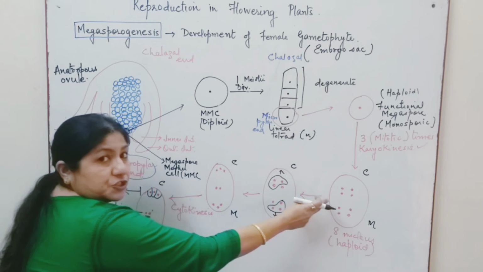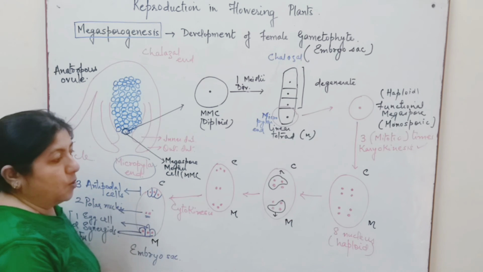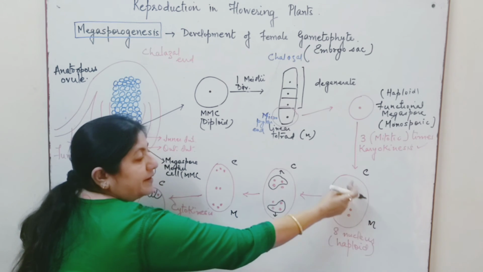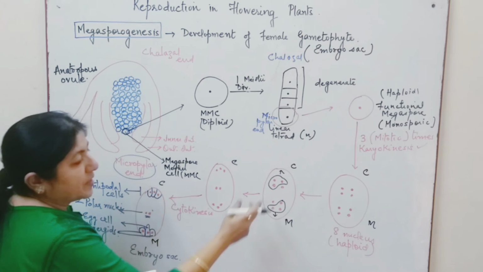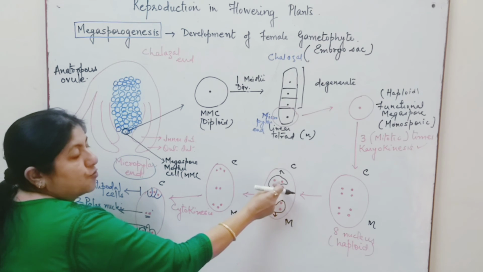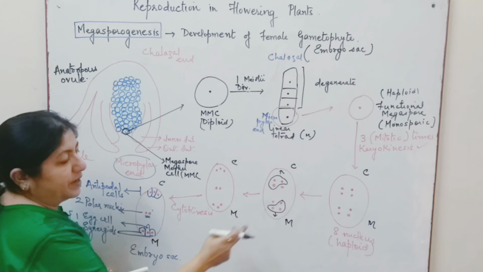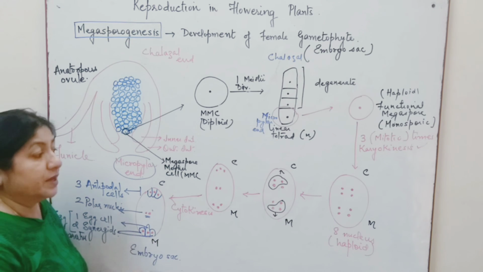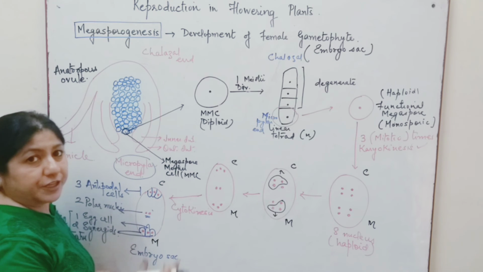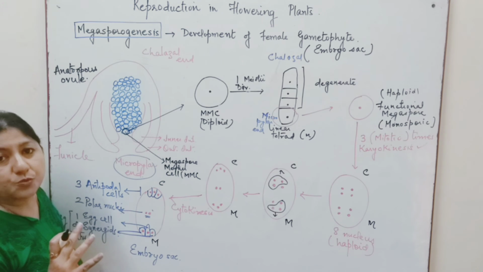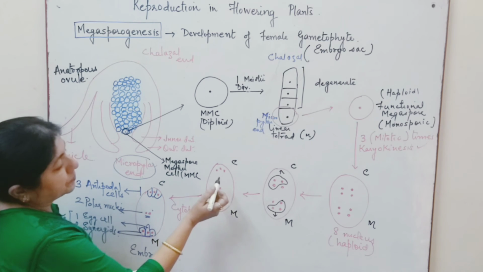No cell wall formation has taken place till now. So as a result, we have the chalazal end, the micropylar end and 8 nuclei. Later on, 3 nuclei move towards the chalazal end, whereas another 3 move towards the micropylar end. Haploid is the ploidy of these nuclei which are present within the embryo sac.